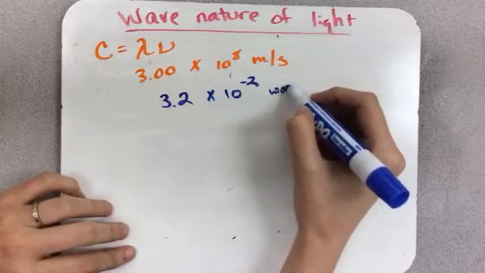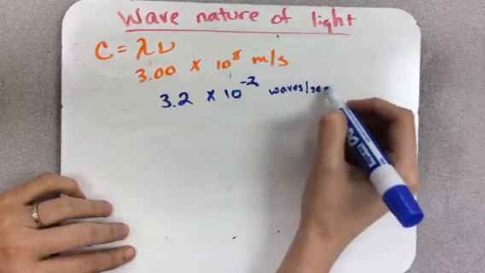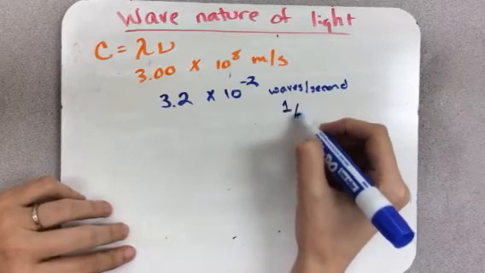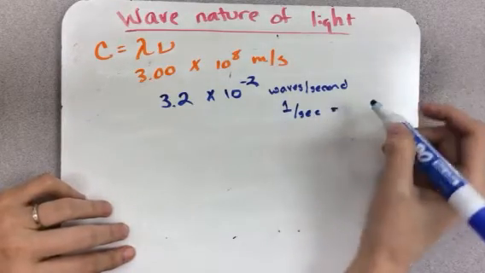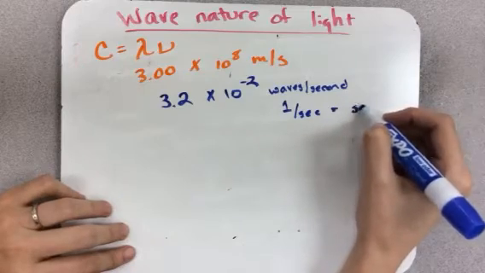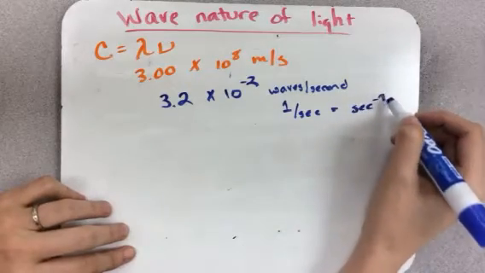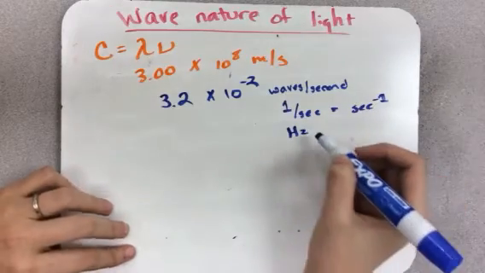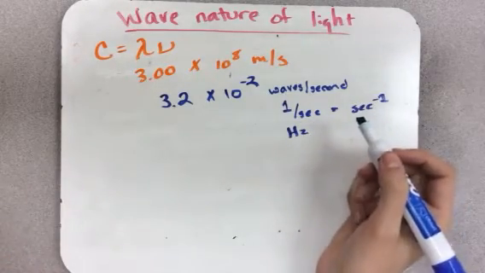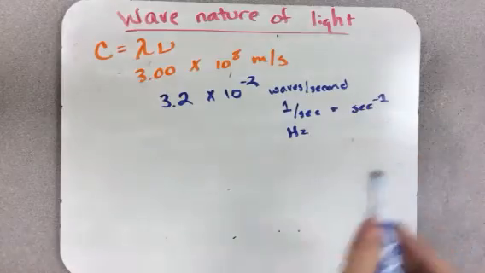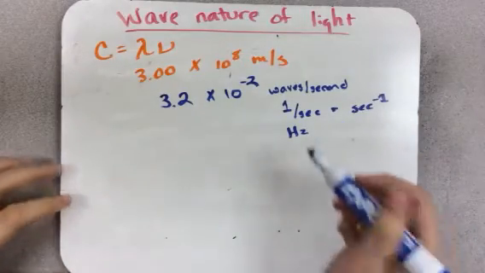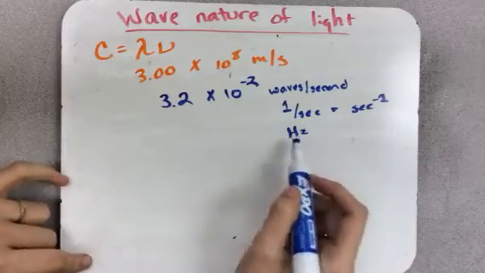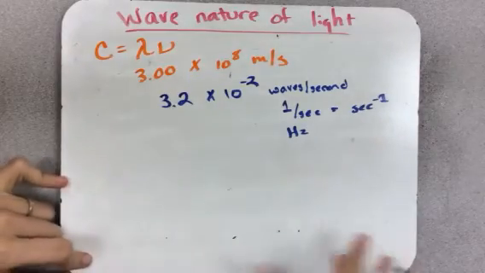It's typically waves per second, or it might just be 1 over second, which is the same thing as seconds to the negative 1. Or you might have hertz. So if you've ever had an old-fashioned radio, when you change the dial on the radio, those are hertz. That's the measure of frequency there.